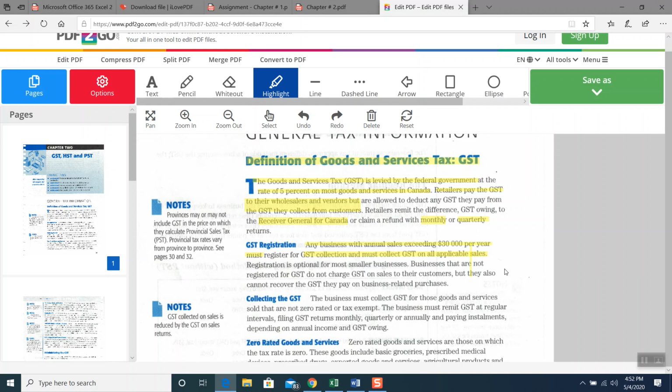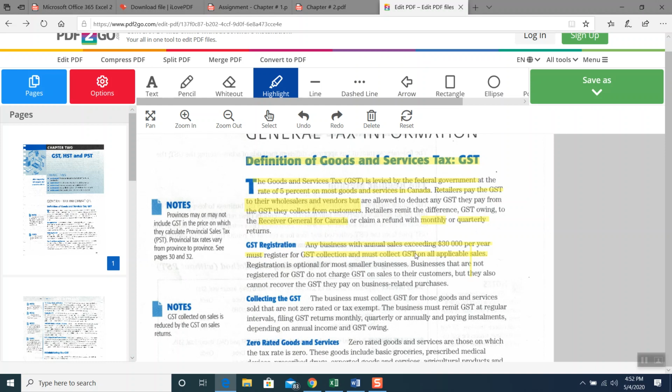That's what the Government of Canada decided: if you are doing business and making sales equal to or more than $30,000 per year, you must register with the Government of Canada. Once you register, you have to collect the GST and then pay it back to the Receiver General of Canada.